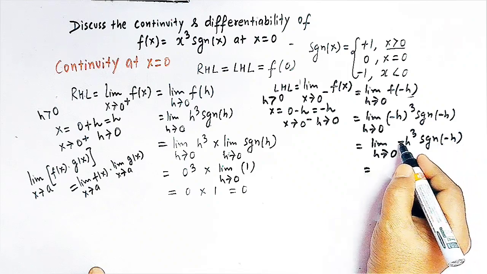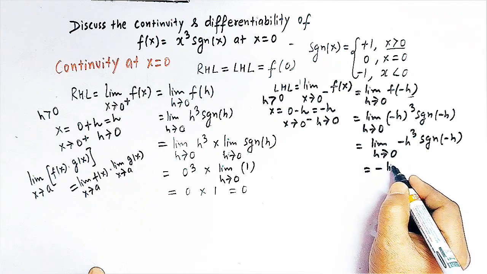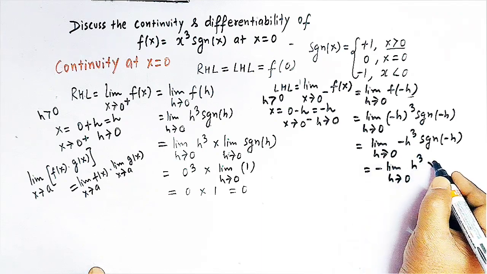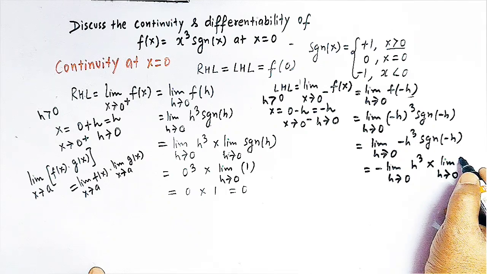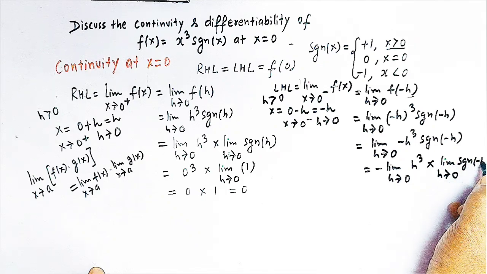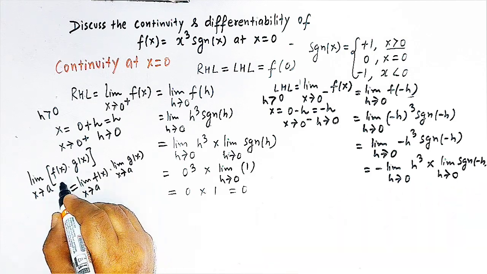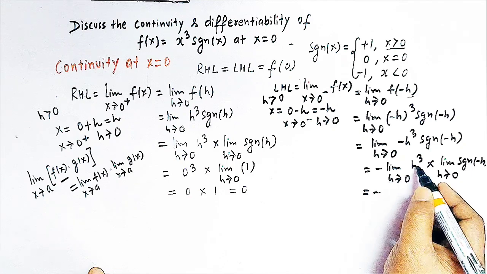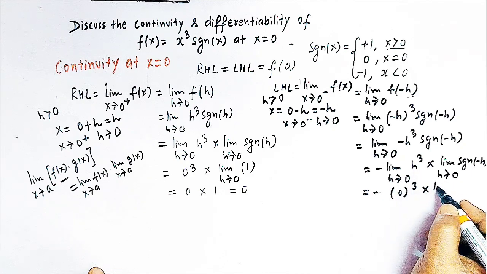Now we can take this negative sign in front of the limit notation, and we have limit h tends to 0 of h cube, and then limit h tends to 0 of signum of minus h. So here we have used this result. So now we have minus 0 cube, and here we have the limit.